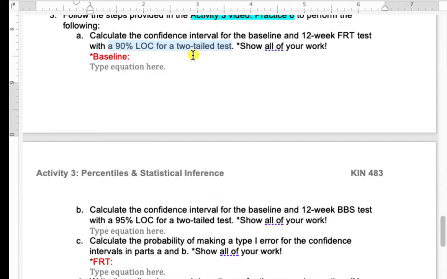So we're not specifying a direction. A two-tailed test is usually identified with a non-directional hypothesis. This means that when we do the balance intervention, we're not necessarily predicting that people's balance will improve or get worse. We just want to say the intervention will have an effect or it will change the balance outcomes. So keep that in mind as we do these calculations.